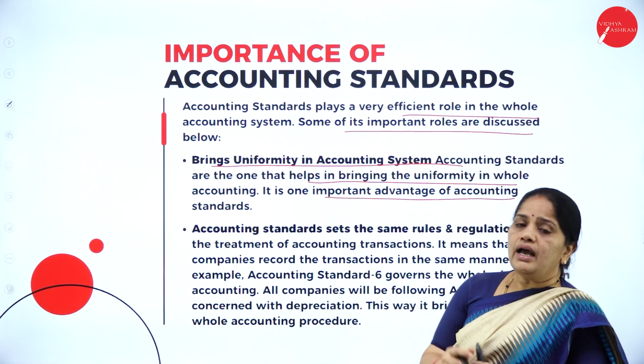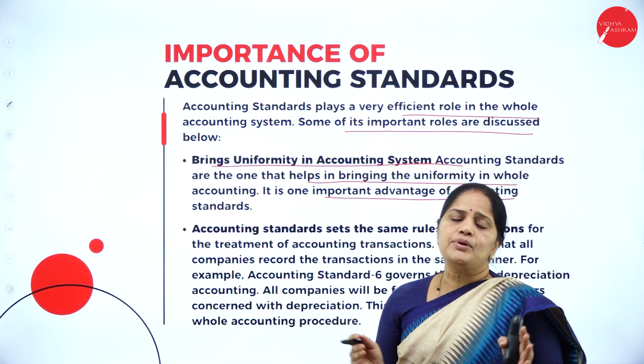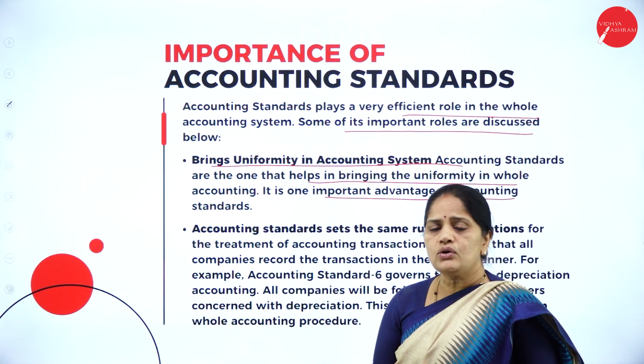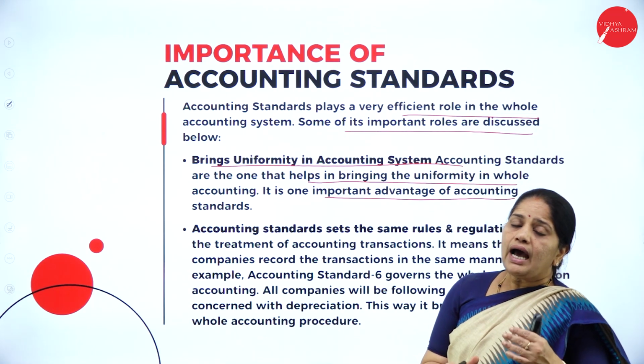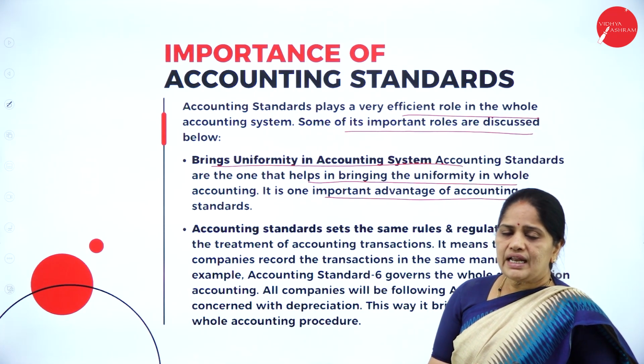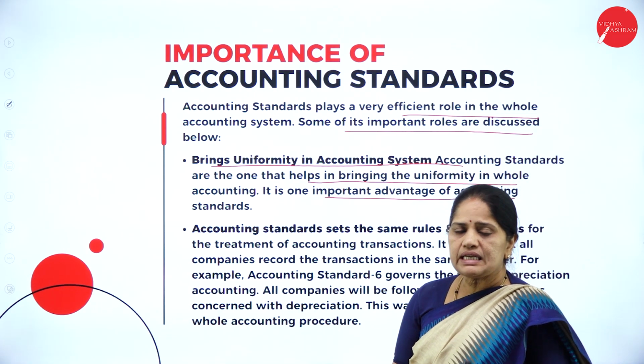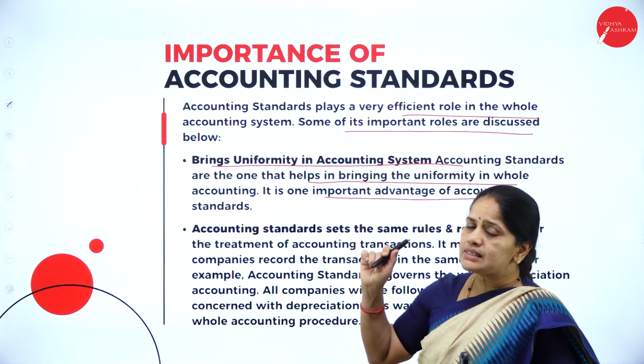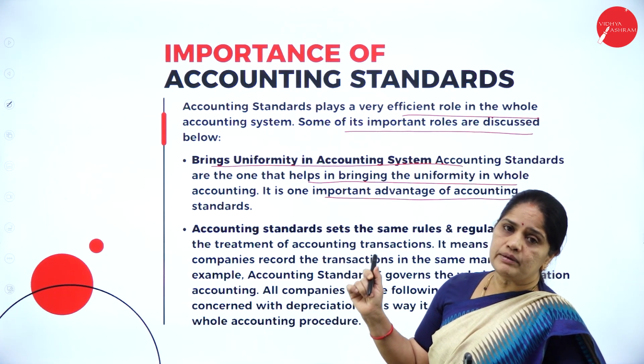When the entire business community has to follow the format prescribed by the Accounting Standards Board, whenever any company is presenting any financial statement, it will be in the format prescribed by the Accounting Standards Board.